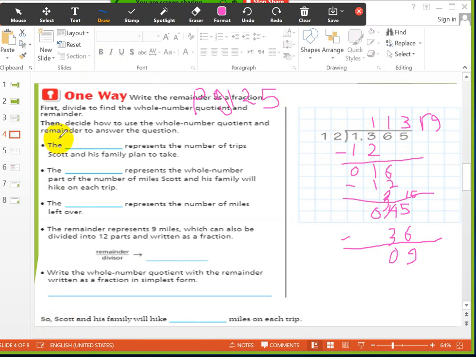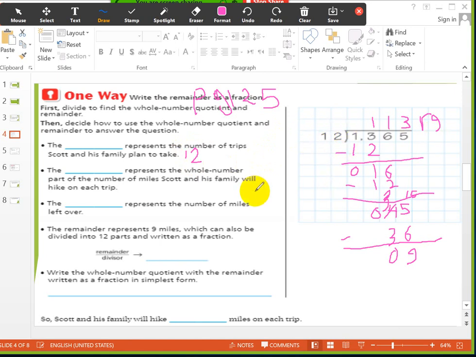So the number that represent here the number of trips Scott and his family plan to take. What is the number of trips? They plan to do what? 12 trips, right?